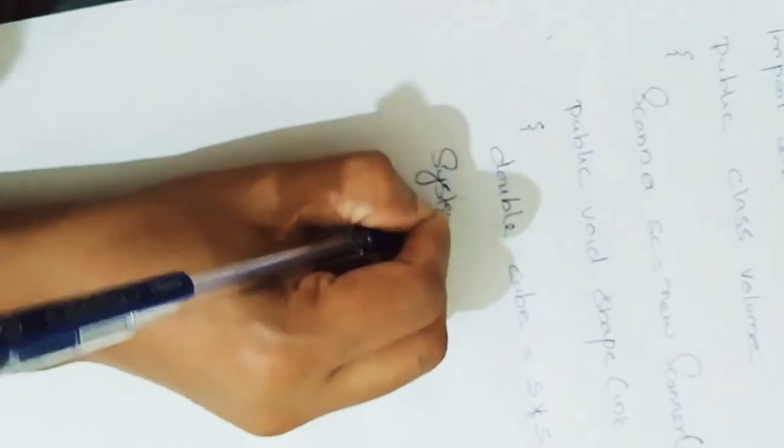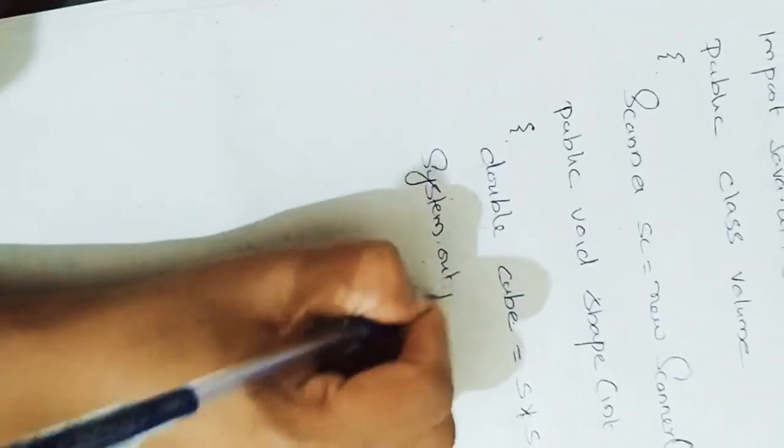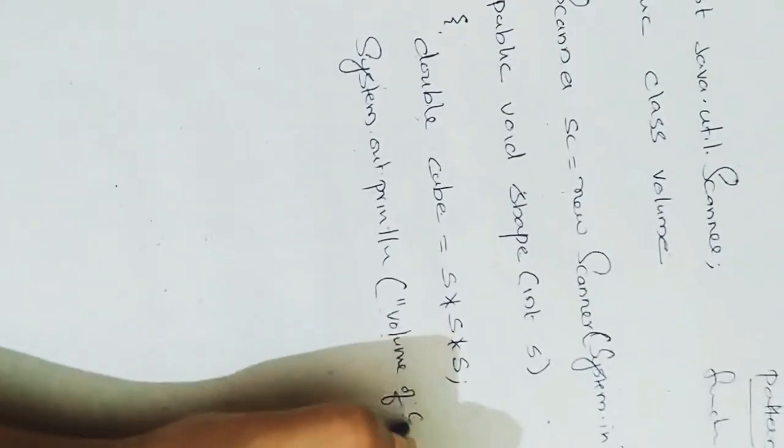Double or int, it's up to you, you can decide. System.out.println volume of cube is equal to plus cube. Close this, and this method will be closed.